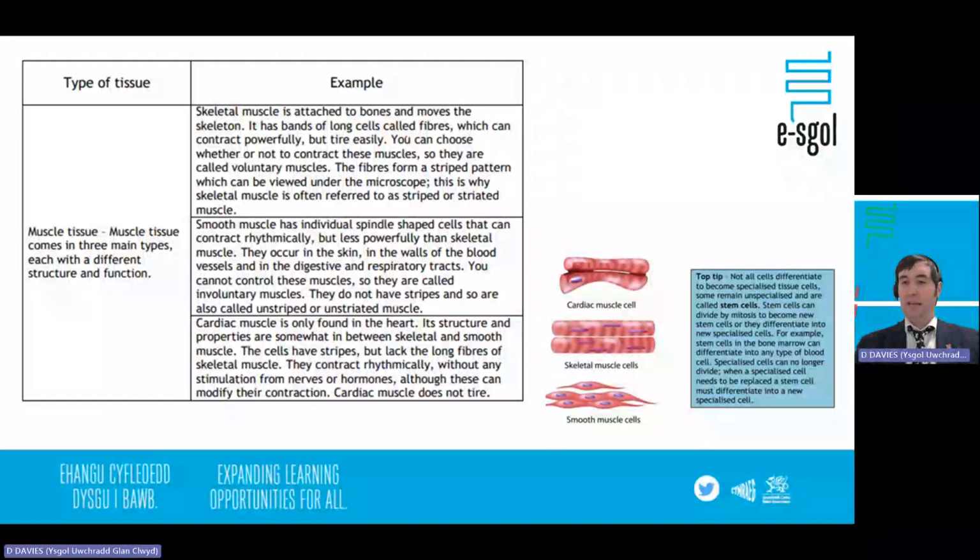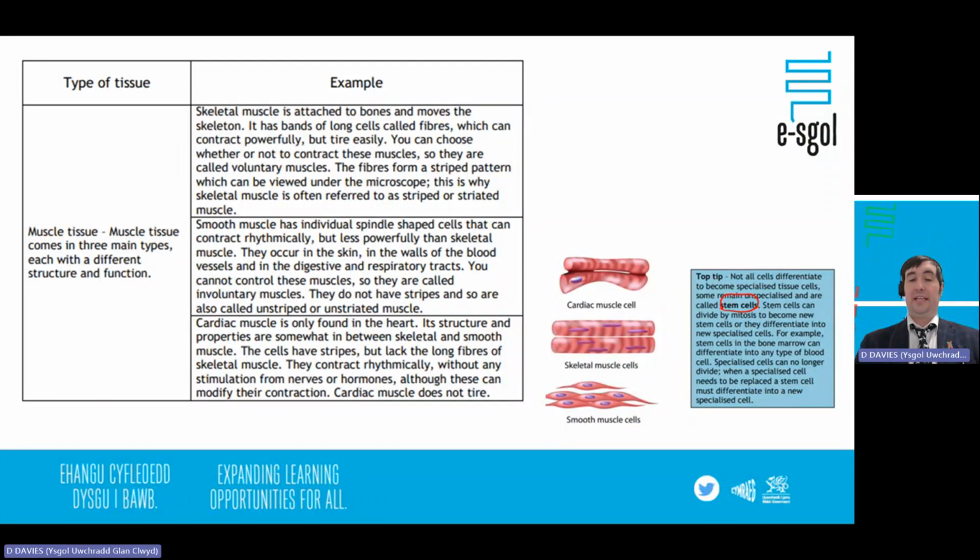Okay, so a little top tip here. Not all cells differentiate to become specialized cells. Some are retained as stem cells. Stem cells are quite nifty in that they retain the ability to differentiate into any type of cell, which is really good.